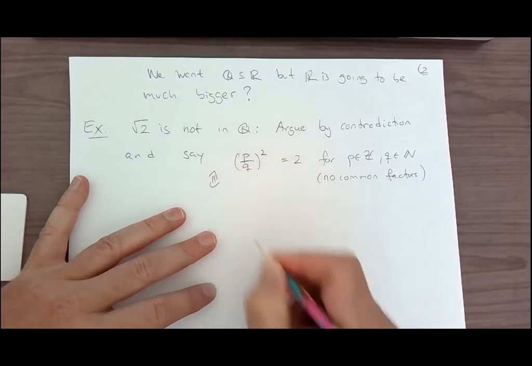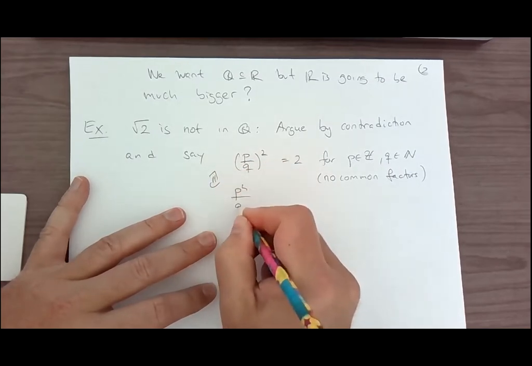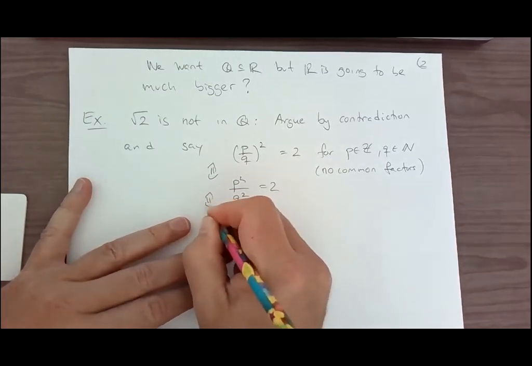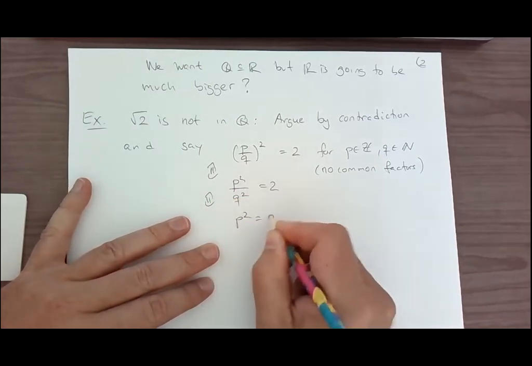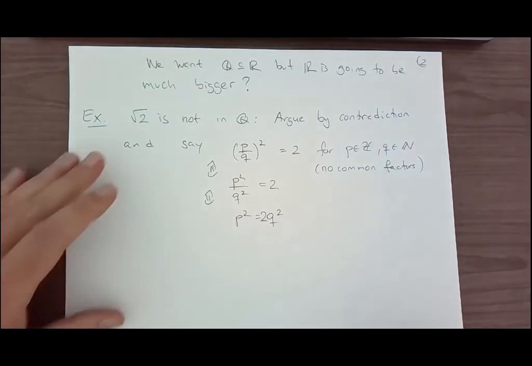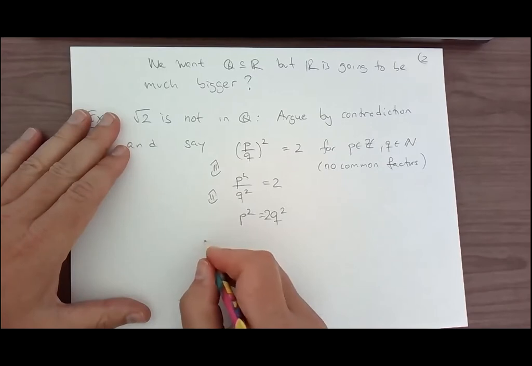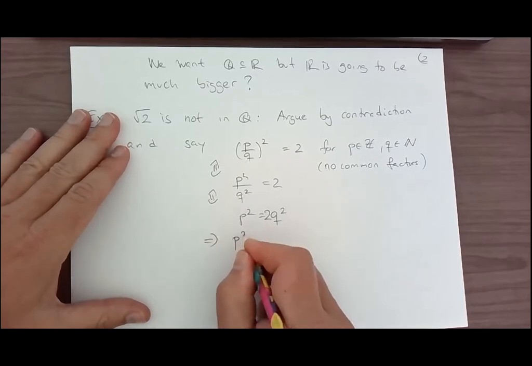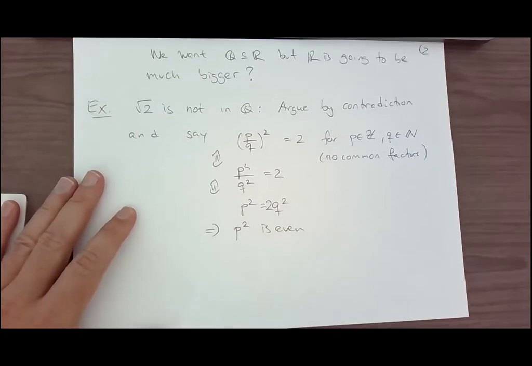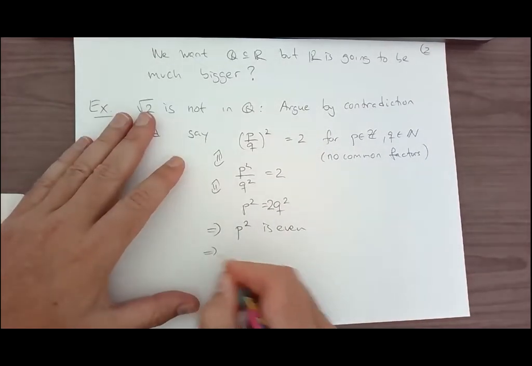So we can write this as P squared over Q squared equal to 2. This is the same as saying P squared equals Q squared times 2, right? So that means that P squared is even. This implies that P squared is even. But then we're also going to get that P is even.